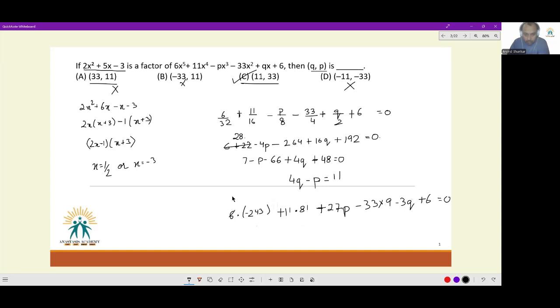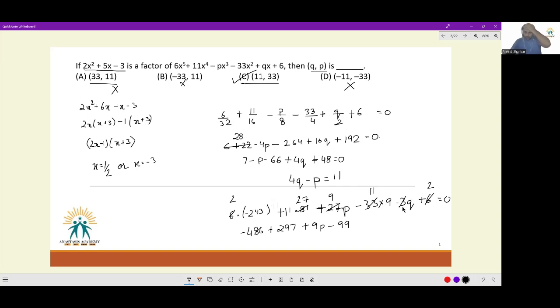Okay, so this will become 2, this will become 27, this will become 9, this will become 11, this will go away entirely, this will become 2. So minus 2 into 243 is minus 486 plus 297 plus 9p minus 99.